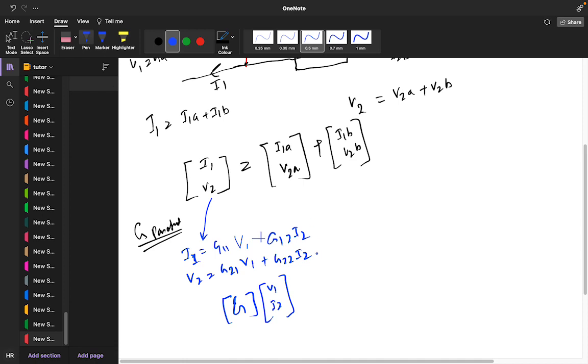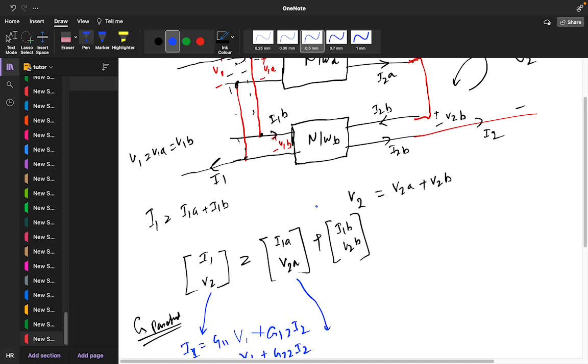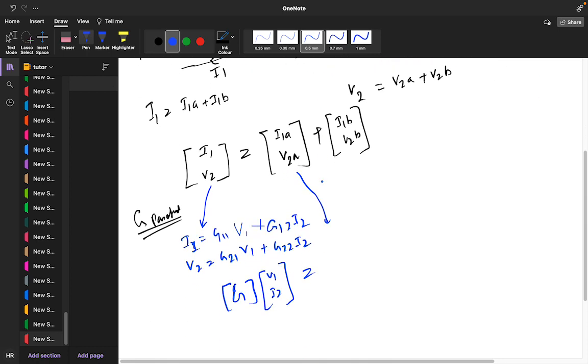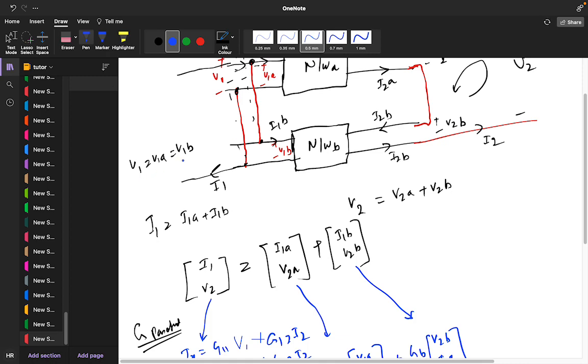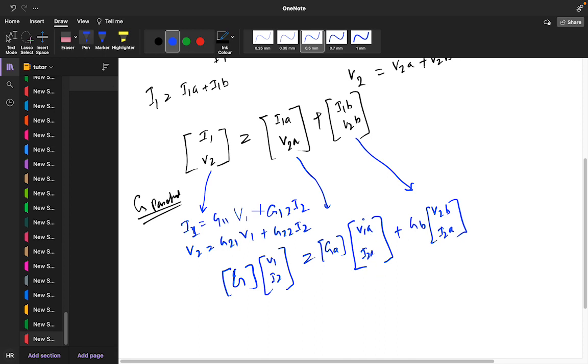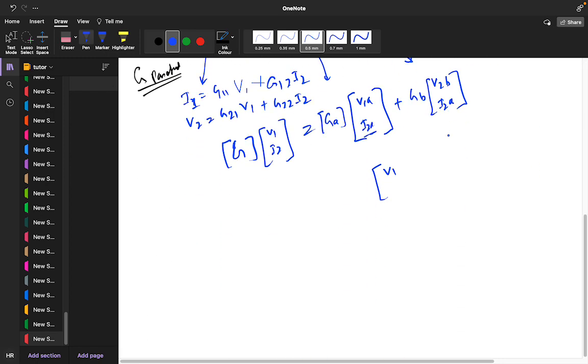Everyone agrees with this? For port A, we can write GA into V1A and I2A. And for port B, it will be GB into V1B and I2B. You know V1 is equal to V1A is equal to V1B, so this is V1 only, and I2A is I2 only.